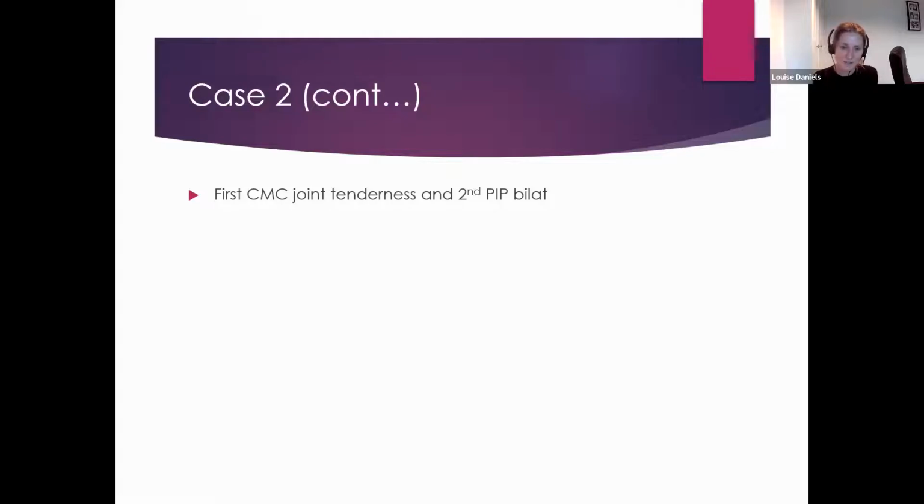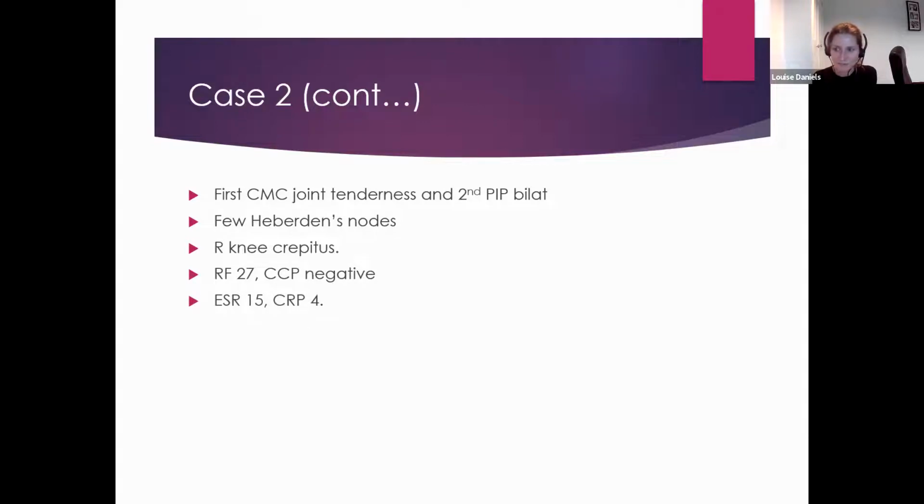Examining her hands, there's a couple of the PIP joints that are a little bit tender, and she's also quite profoundly tender in the first CMC joints, the joints at the base of the thumb. She's got a few supple Heberden's nodes in her DIPs. She's got a lot of crepitus in her knee. She's got a low level of rheumatoid factor, but CCP is negative, and her inflammatory markers are normal.